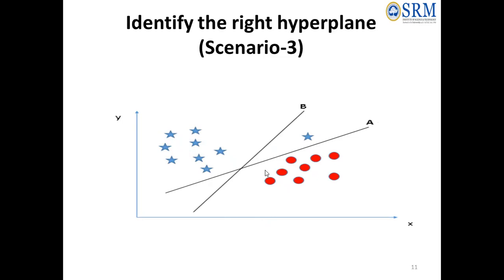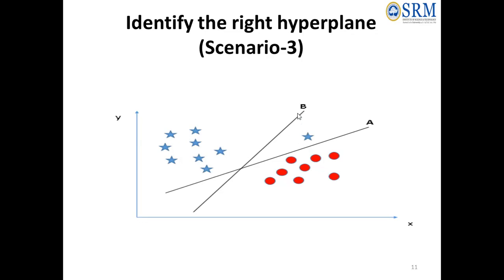But SVM selects the hyperplane which classifies the classes accurately. Hence, hyperplane B has a classification error, because we have a blue star available here. Even though the margin is available and the hyperplane divides well, there is an error because a blue color star is on the wrong side.